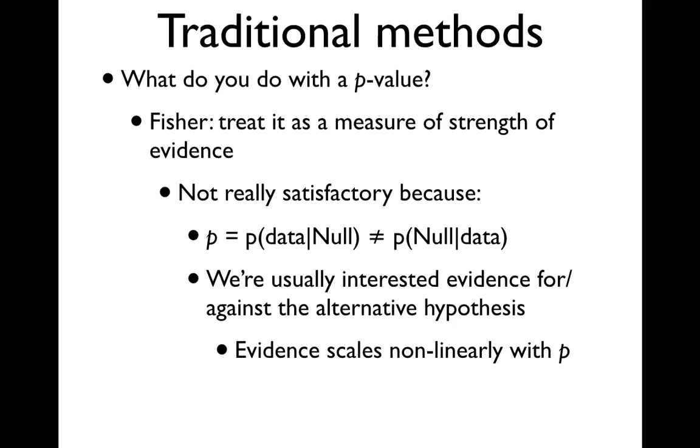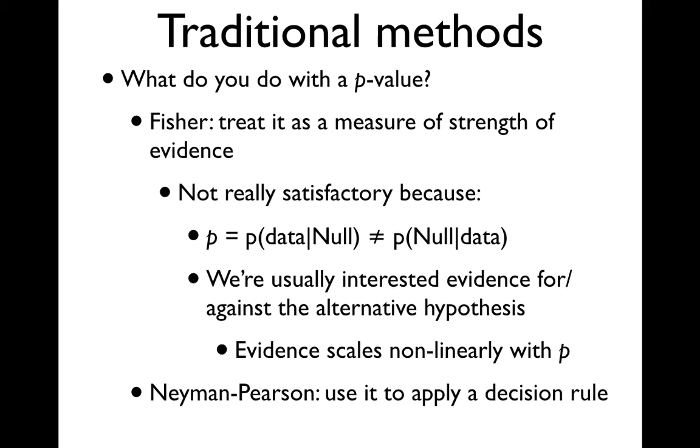Not really satisfactory. The alternative perspective is Neyman-Pearson, and they suggest that you use the p-value to apply a decision rule. They take the perspective that you're going to be doing a lot of experiments across your career, and you want to make a decision in each experiment whether your hypothesis is supported or not.